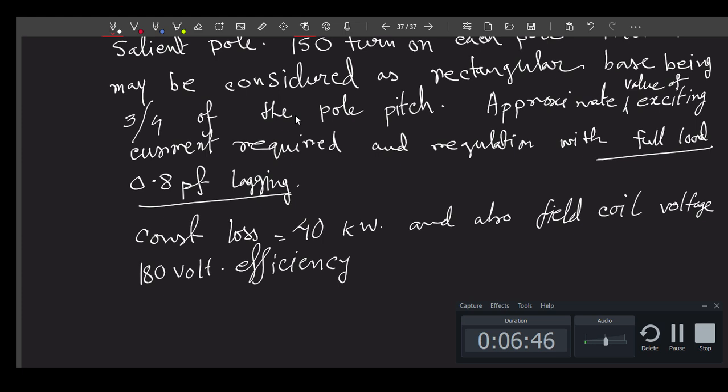So from here we will get the current, and here 180 volt is applied across the field coil.